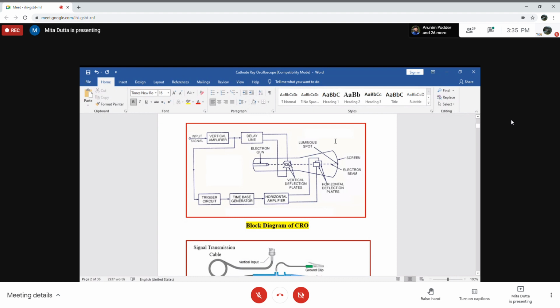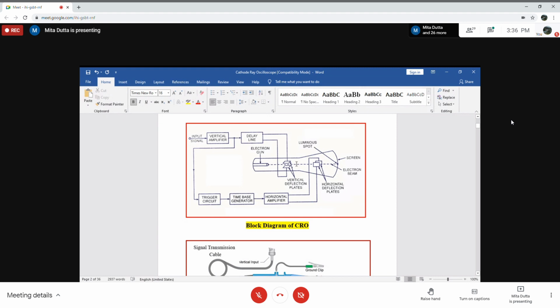That means vertically up and vertically down, and it is proportional to the amplitude of the signal which is presented on the scope screen. Inside the cathode ray tube, an electron beam is produced by the electron gun. This electron beam strikes the scope screen, which is made up of phosphor.